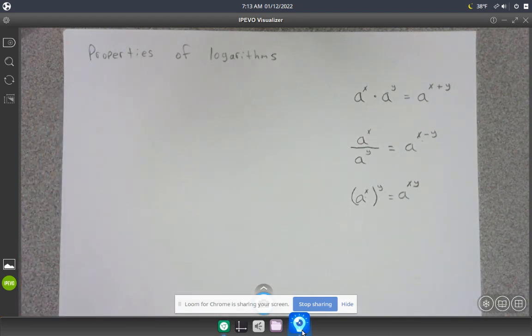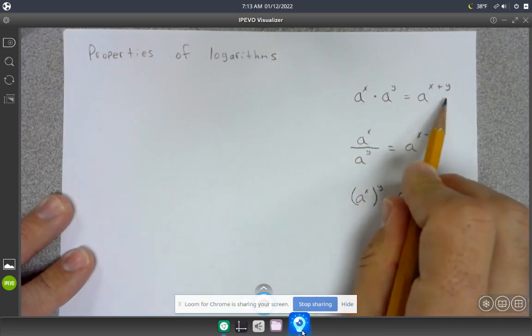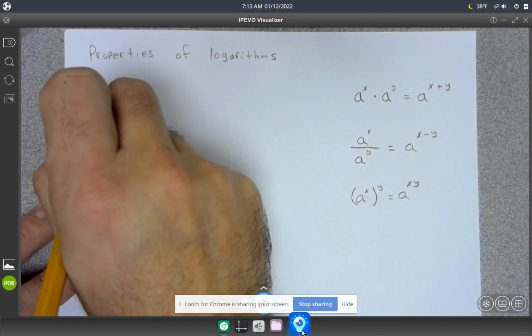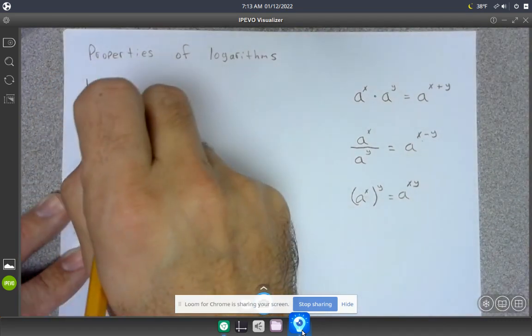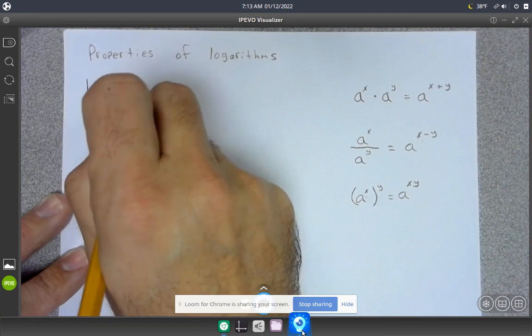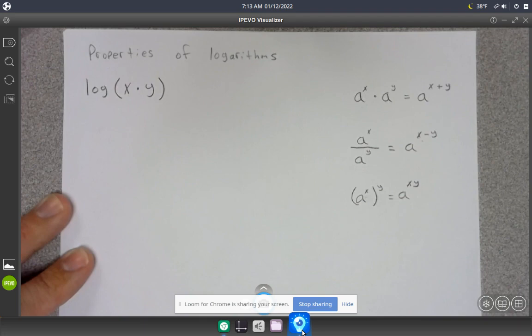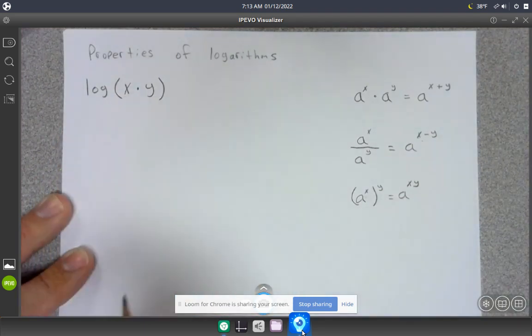logarithms. Okay, so the one for multiplication and addition would go something like this. If you have the log of any base, if you have the log of two numbers being multiplied, you could rewrite that as the sum of the logs of each factor.